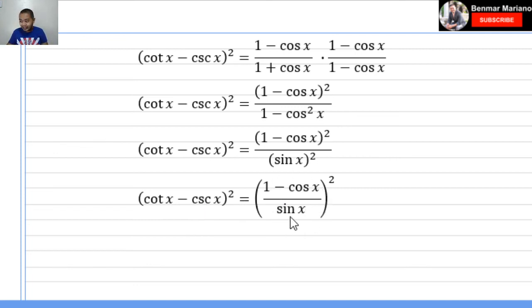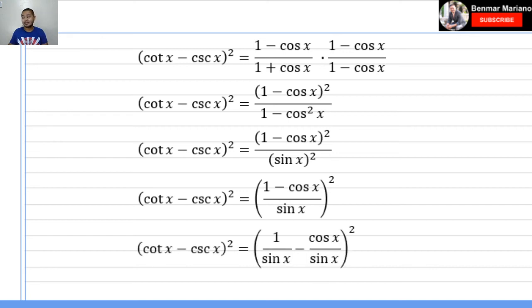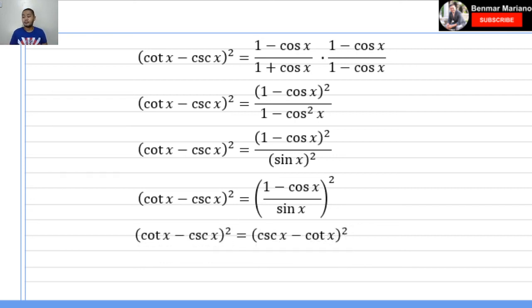So we can rewrite this fraction into two fractions. That will become 1 over sine x minus cosine x over sine x. Next, we can convert this into cosecant x, applying the reciprocal identities, while this one can also be rewritten as cotangent x, applying the quotient identities.